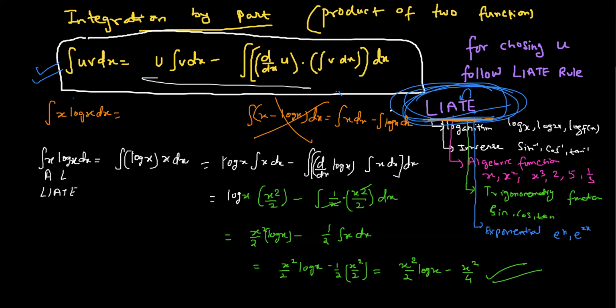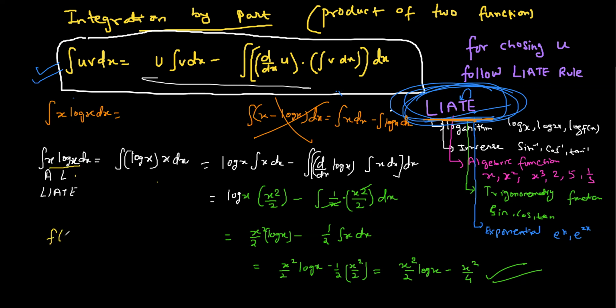So in real life, what does that mean? For example, the derivative is the tangent of a function, and integration is like the area under the curve. Here only one function is there, but the function comes in the form of a product.